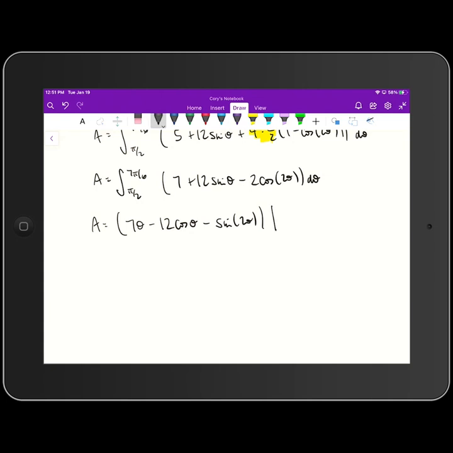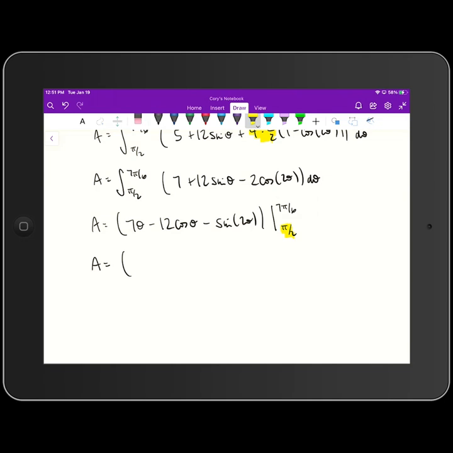And we're going to evaluate that at 7 pi over 6 and at pi over 2. We're going to plug those values in again, and using symmetry is going to make the calculation easier because it's easier for me to evaluate this antiderivative at pi over 2 than it would be at negative pi over 6.